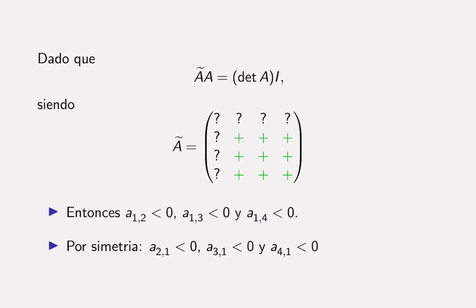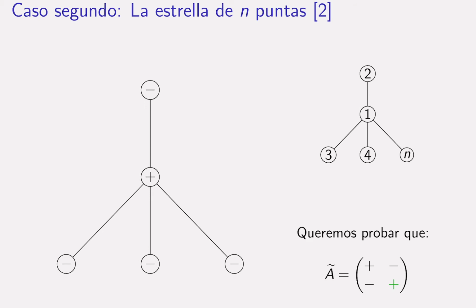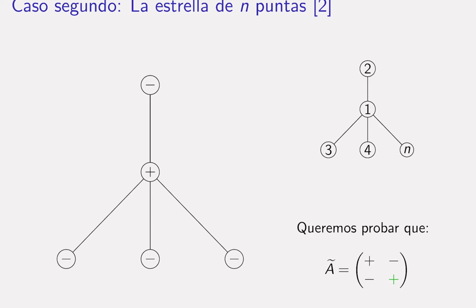Okay, so now, in order to do the star with n edges, let's say, we have 1, 2, 3, 4, and even more, up to n. All of them are leaves except the center, which is a high degree vertex. So we expect to prove that it also has this sign pattern.